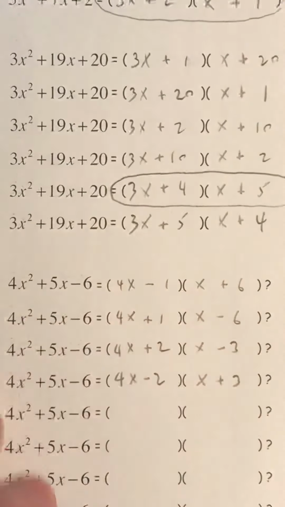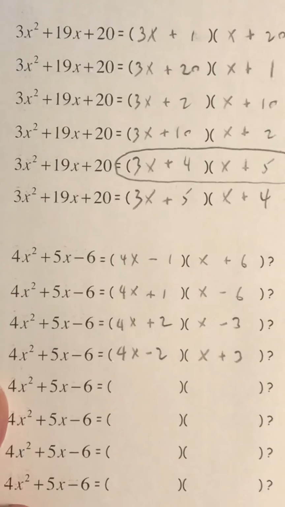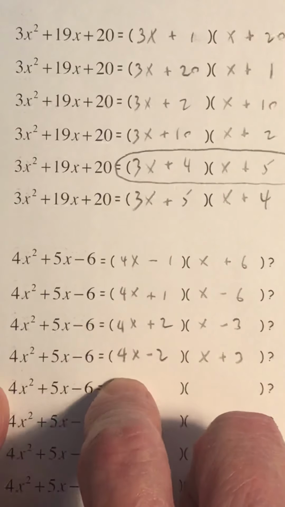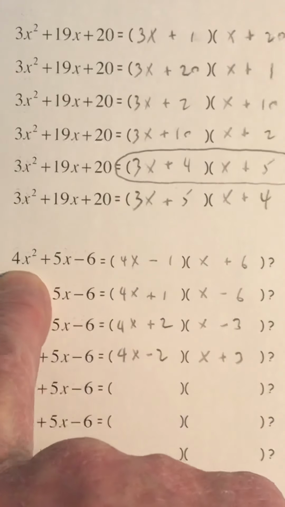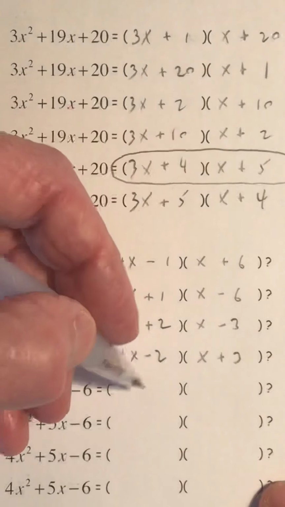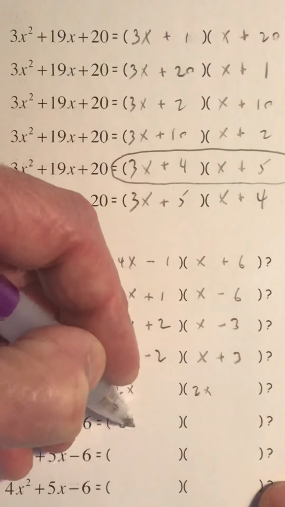I could swap the order, or I could probably use more spaces than are provided here. All right, but the other thing I want to mention is, in this case, we've got a number in the front that can be obtained different ways. I could have 2x and 2x, couldn't I? 2x and 2x.